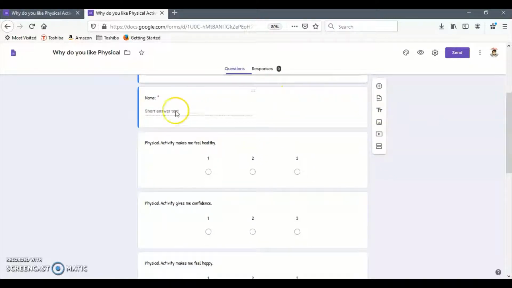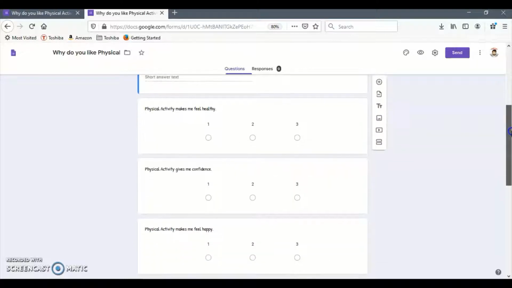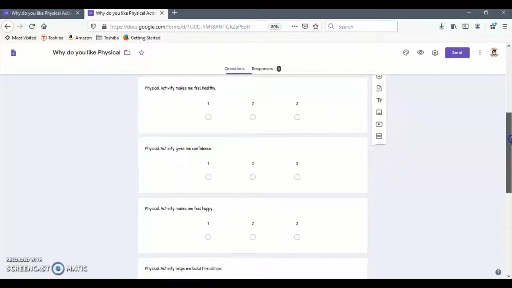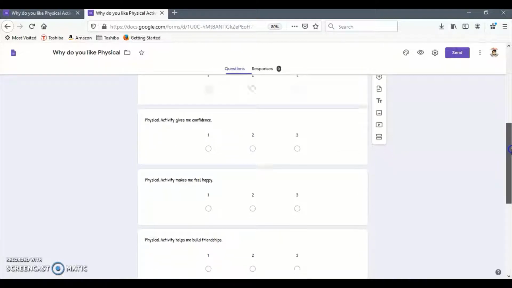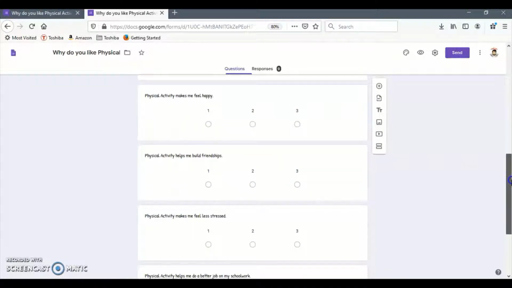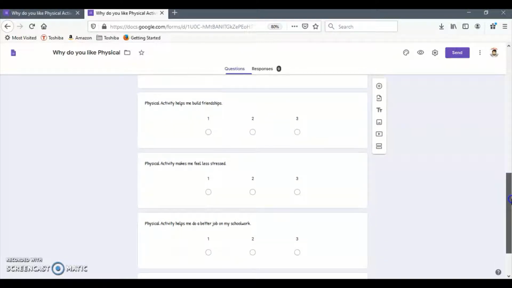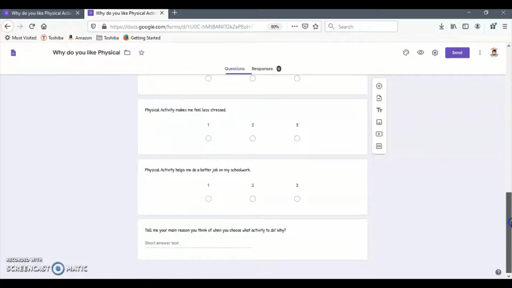Just to make it look like your average survey, I had them put their name, but I didn't really include it in the responses because it just wasn't that important unless I was looking at specifics. I was just looking at the general stats of it. The statements were physical activity makes me healthy, it gives me confidence, makes me feel happy, helps me build friendships, makes me feel less stressed, and helps me do a better job at my schoolwork.